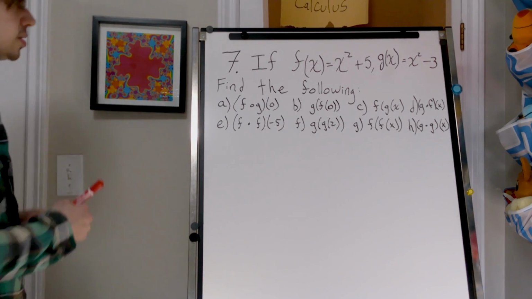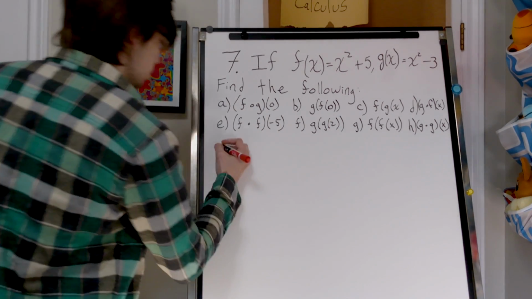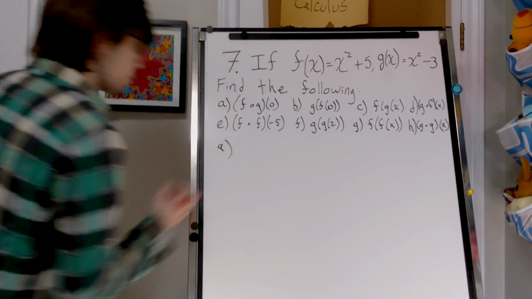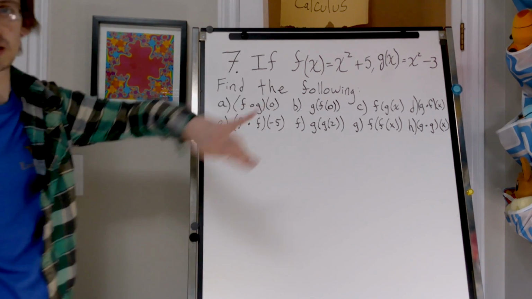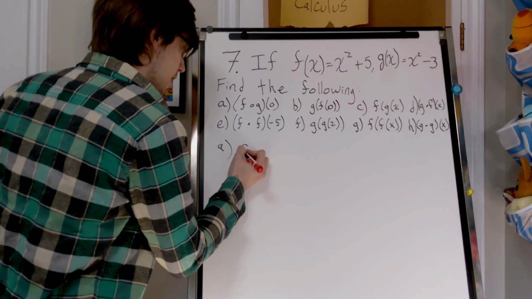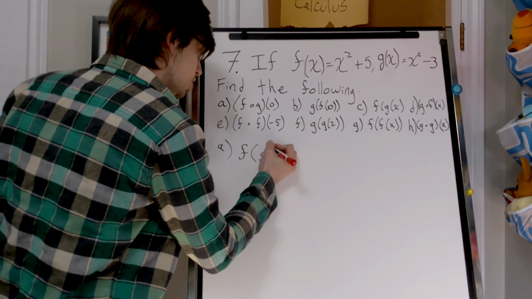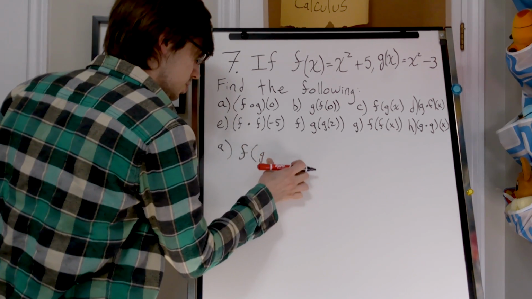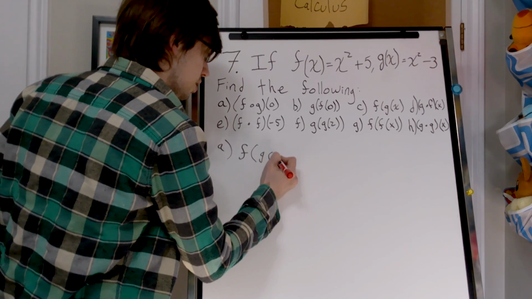Starting with A, f composite g is the same as f of g of 0.